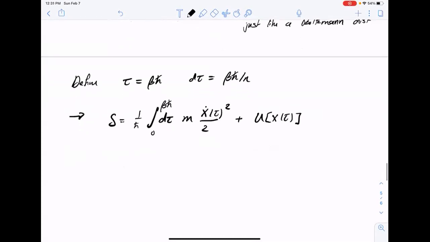And what it looks like is a kinetic energy operator in this odd sort of time set by beta h bar. In addition, I have my original potential operator.